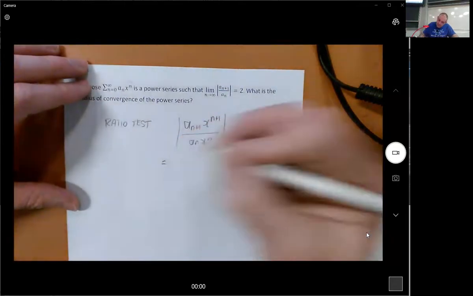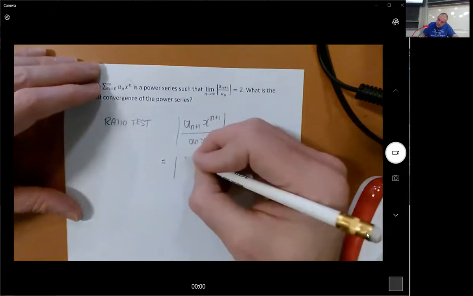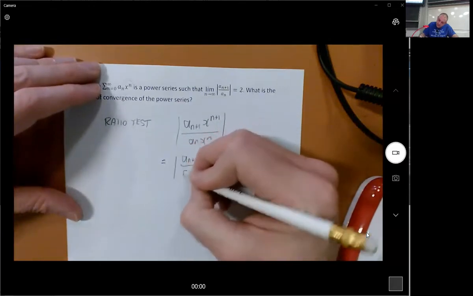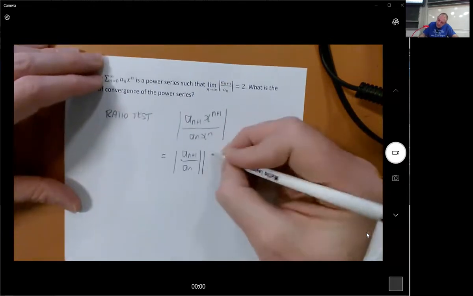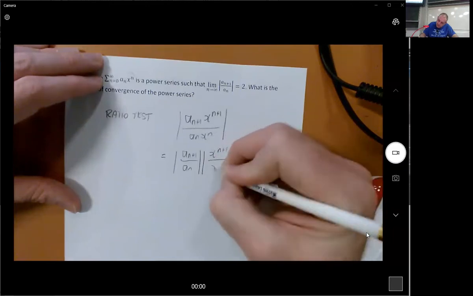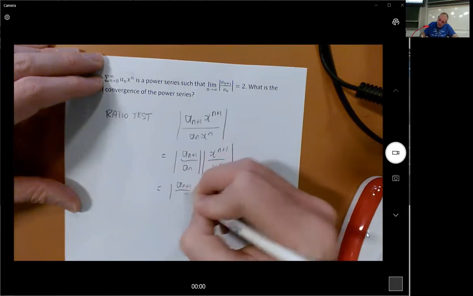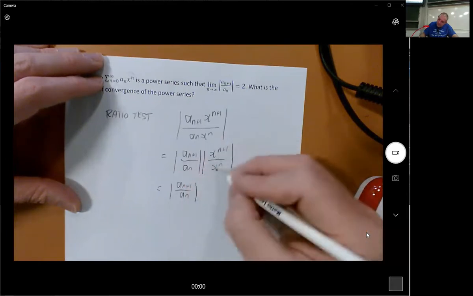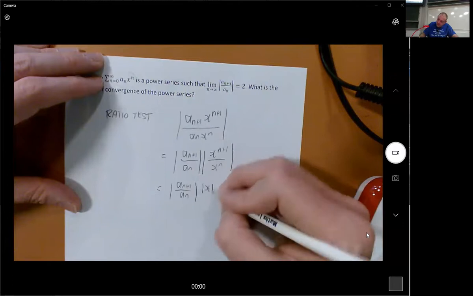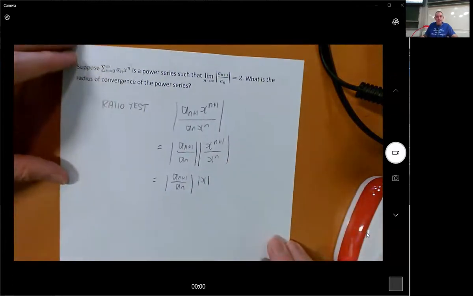So let's see. Well, absolute values allow me to do this. And then powers allow me to do this. So x to the n plus 1 divided by x to the n is just the same as x. Okay.